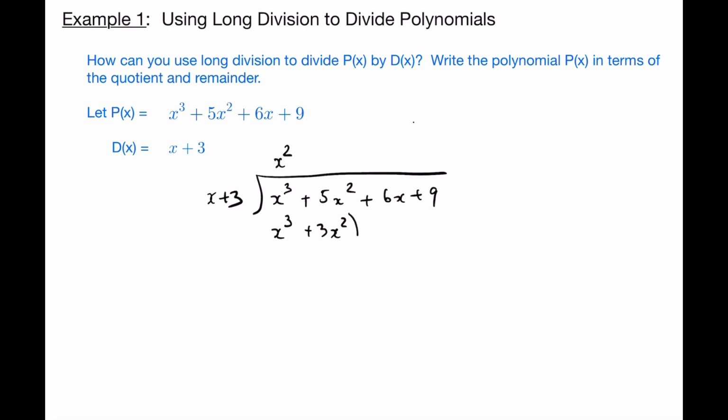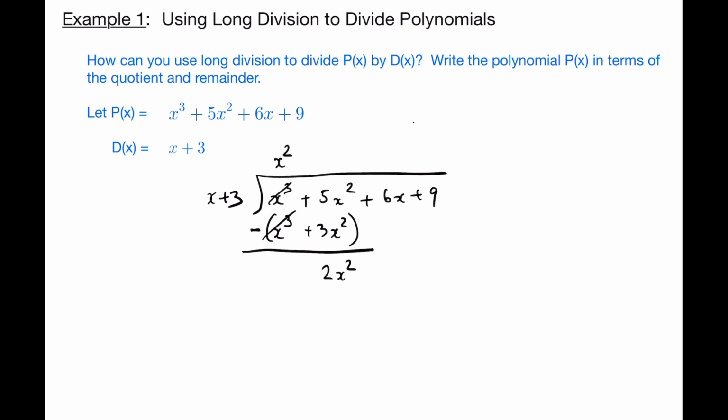Now we're going to put this entire expression in parentheses, and we're going to put the subtraction sign like we were taught in elementary school, and now we're going to subtract. When we subtract x cubed by x cubed, those cancel out, so that's gone. And then 5x squared minus a positive 3x squared gives me a positive 2x squared.